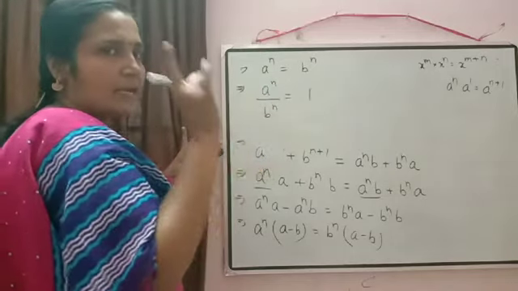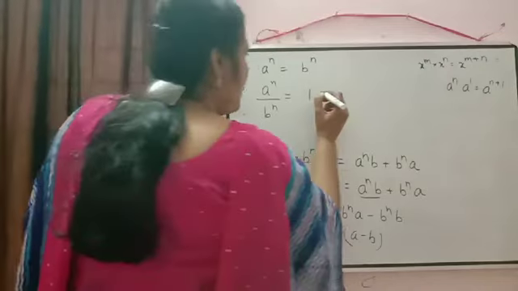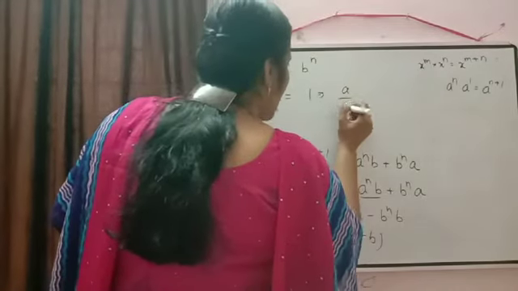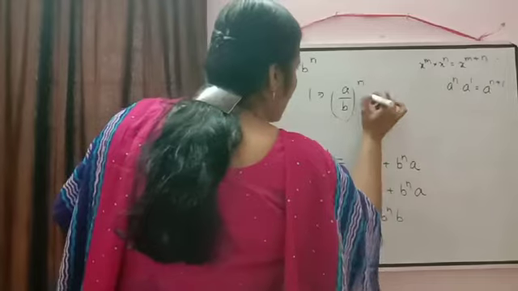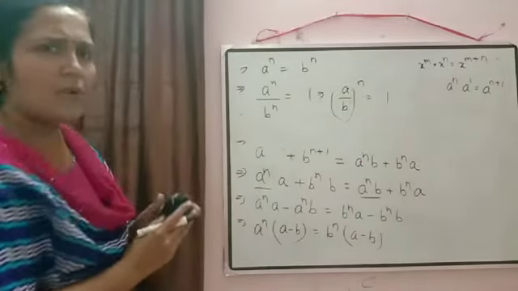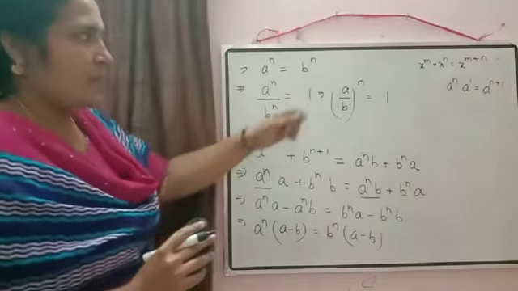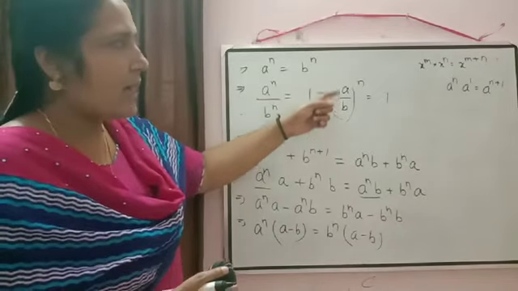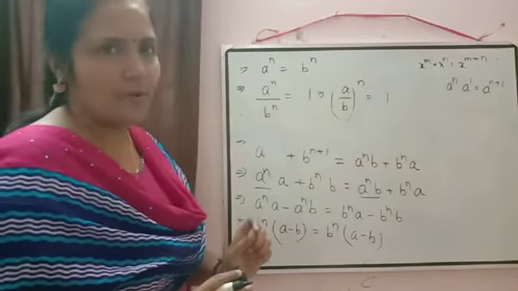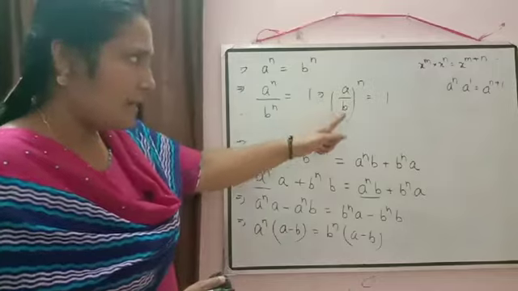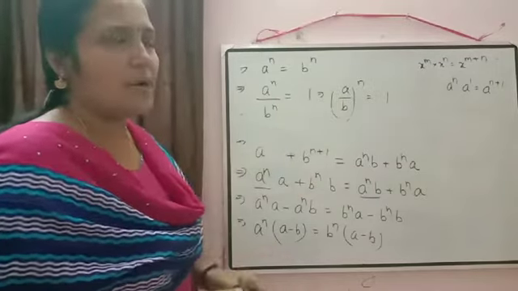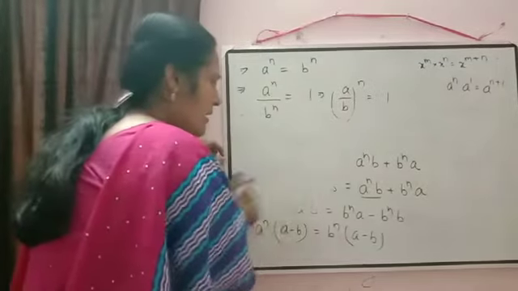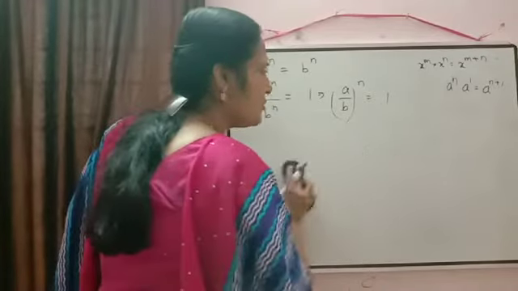Okay, multiplicative identity. Now here this can be written as a by b whole raised to n is equal to 1. What does this expression mean? A number raised to something is equal to 1. A number raised to what gives you 1?